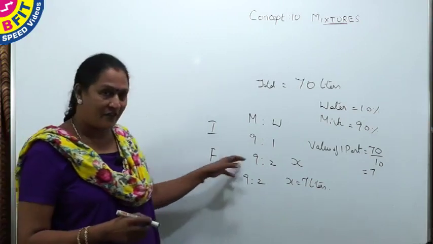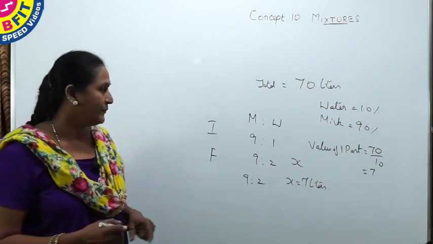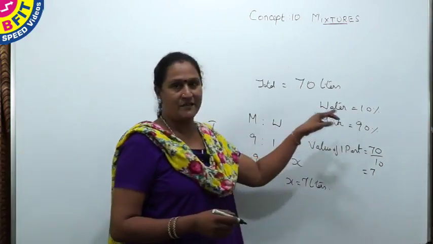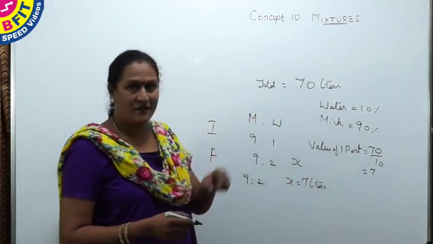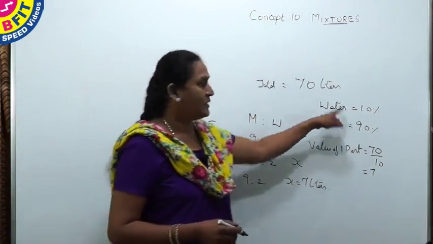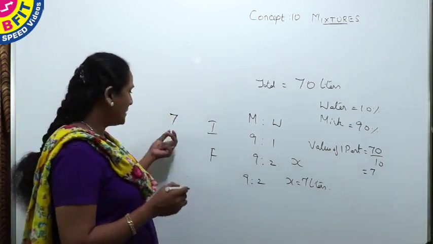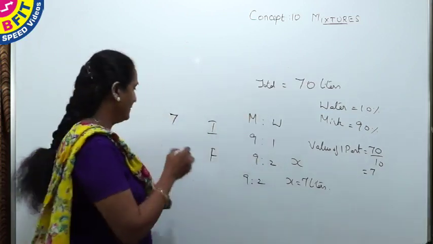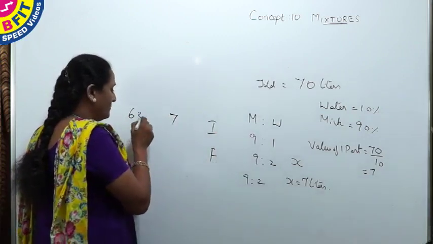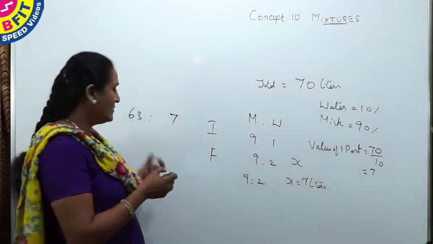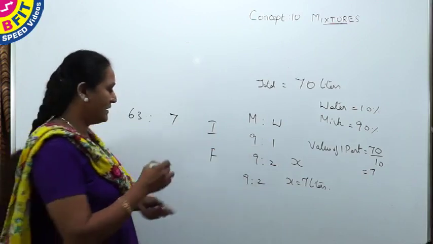So we'll verify the calculations we have got here. So water 10% in 70 liters, you have 7 liters of water, 10% of 70 is 7 liters of water. So subtracting 7 from 70, milk we get as 63 liters. So when this is simplified, you get the 9:1 ratio.